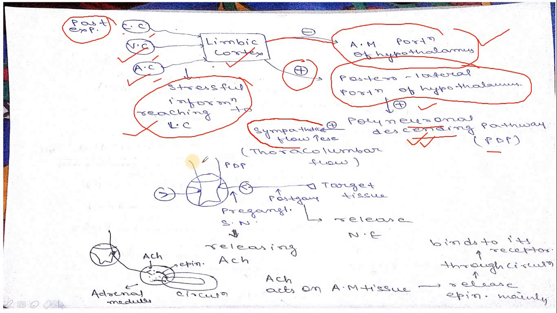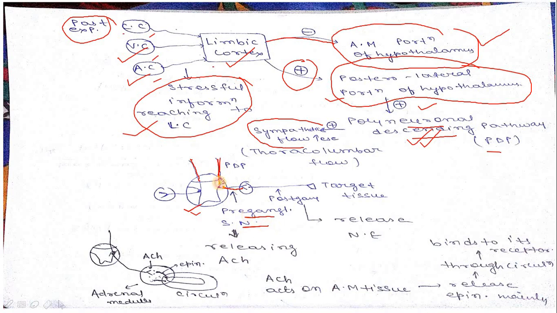Clear? This is an example. Suppose these nerves come from the posterolateral portion of the hypothalamus and make synapse with your preganglionic sympathetic nerve. This is your spinal cord cross section, and this is your preganglionic sympathetic nerve.